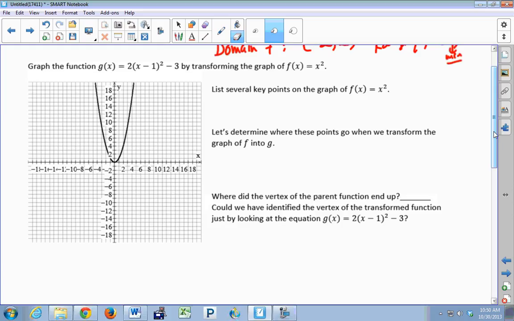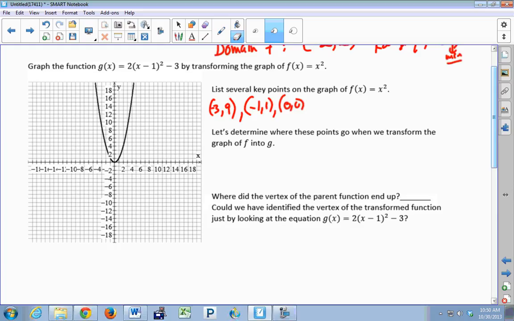But first, let's just identify some key points on our parent function, and then we're going to perform a series of transformations and see what happens to those points. So we've already identified one key point, 0, 0. So let's pick a couple of points on either side of 0, 0. So let's pick negative 1, 1, negative 3, 9.